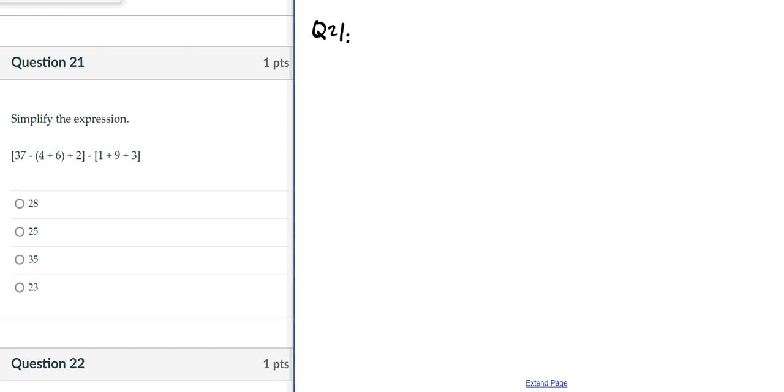Okay, let's start with question 21 about the order of operations. Inside the square bracket, we have 37 minus (4 plus 6 with parentheses), and then plus 2.